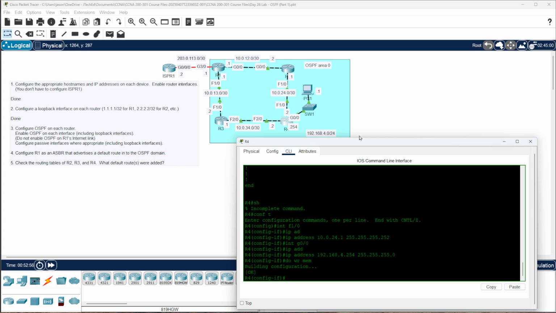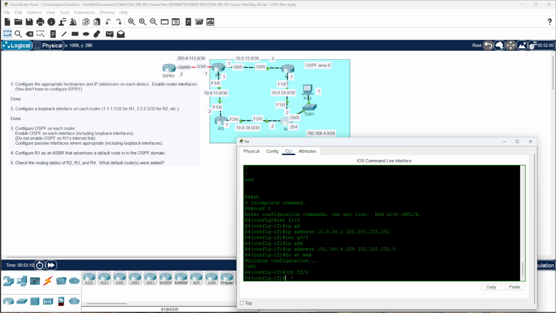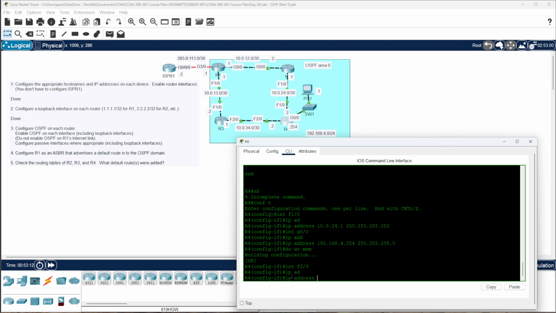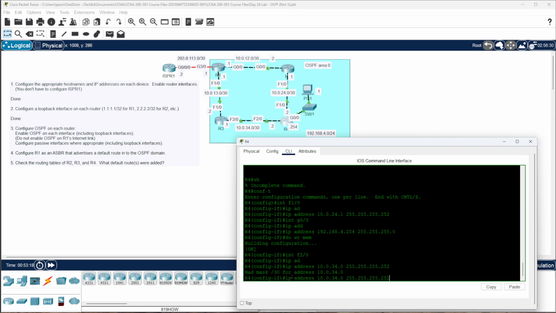I'm pretty sure that's what it's saying, this network over here. I'm gonna roll with that. Whether that's right or not, that's what I'm gonna do. Now we're gonna go interface F2/0 and IP address 10.0.3.4. I did something wrong. What did I do? Okay, we gotta have an actual address, not .0.2.